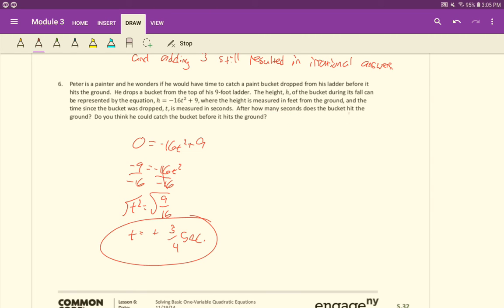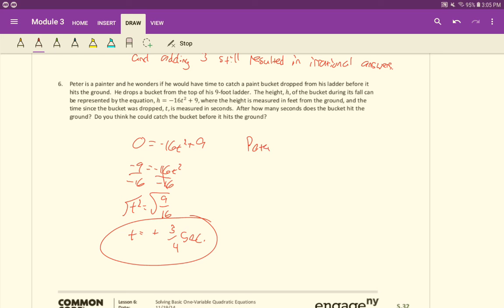Now, do you think he could catch the bucket before it hits the ground? This is up to you a little bit to decide about whether you think that's reasonable or not for him to catch the bucket before it hits the ground. Most likely, the answer would be what?